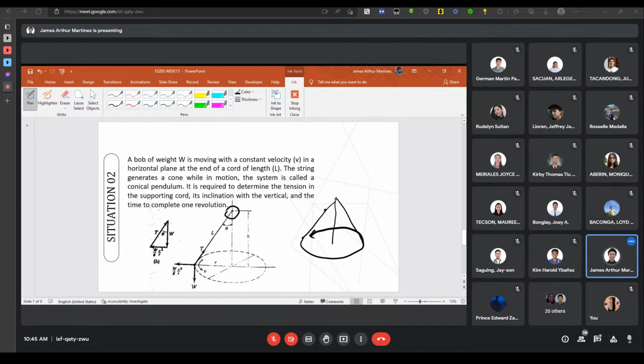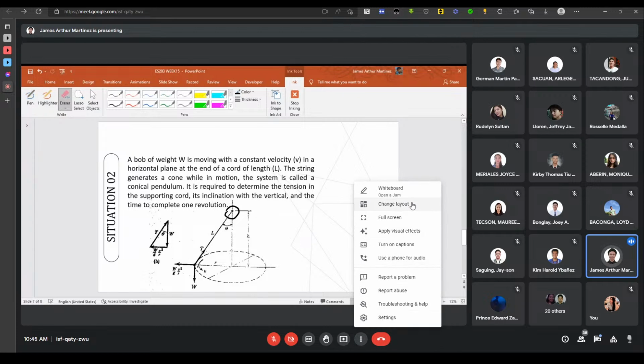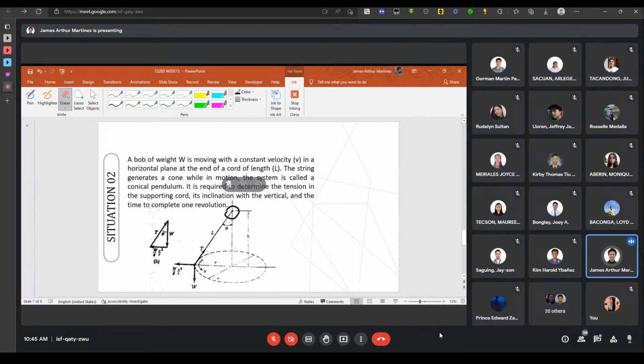Let's say this is the support. If the motion is circular, at any point the string can be represented as one string. The motion of the bob is circular.